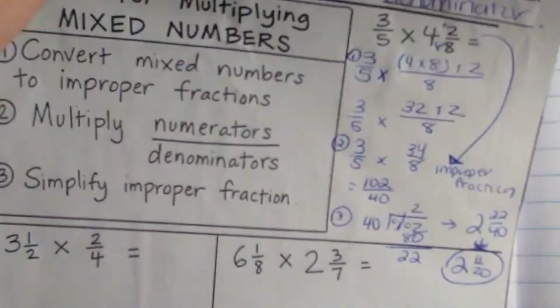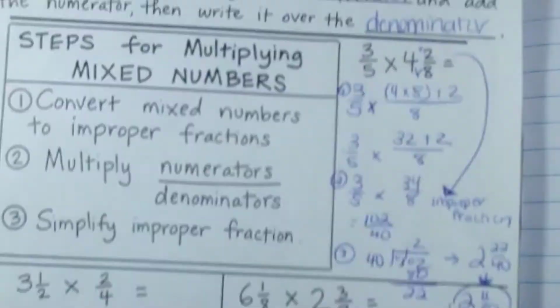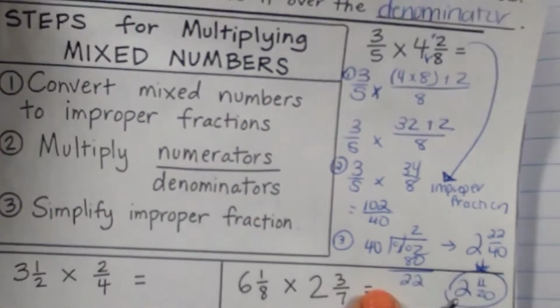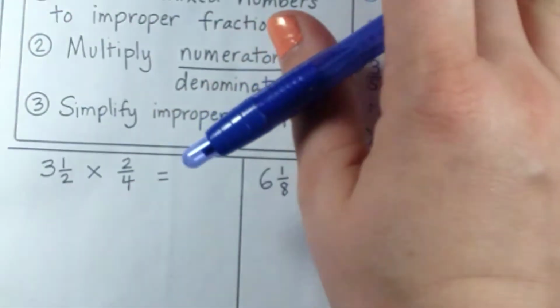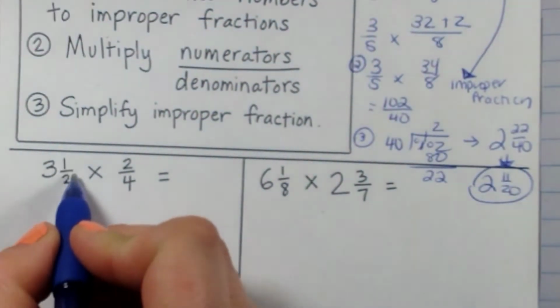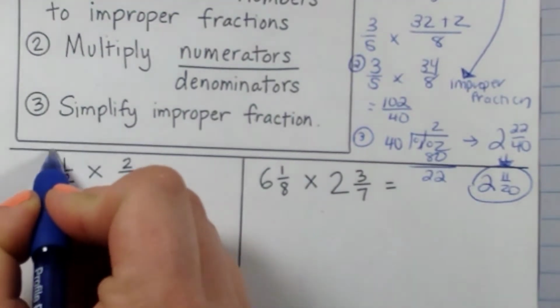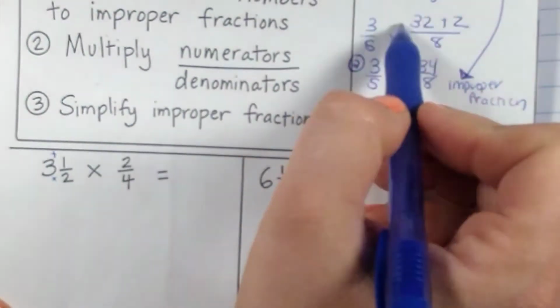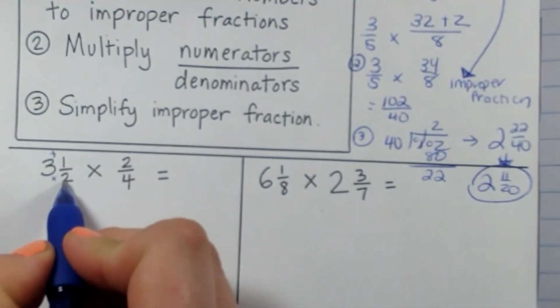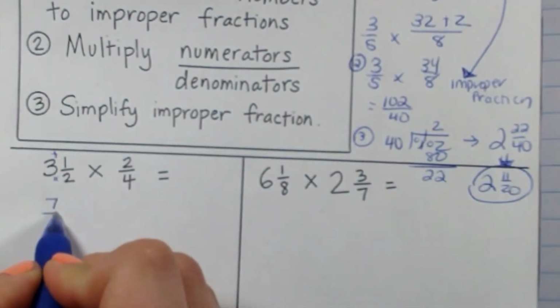Okay, so let me do the next one for you. All right, so the next one is 3 1/2 times 2/4. I'm going to change this to an improper fraction. I'm not going to do this part up here. I'm just going to do 2 times 3 plus 1 is 7.